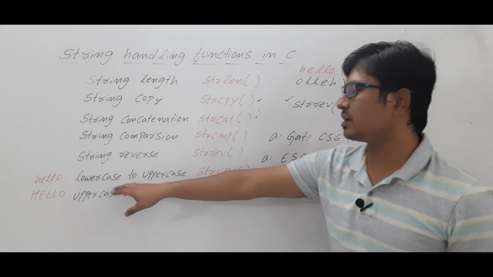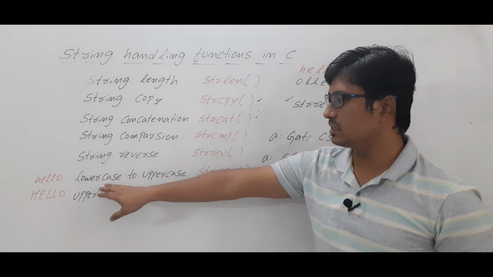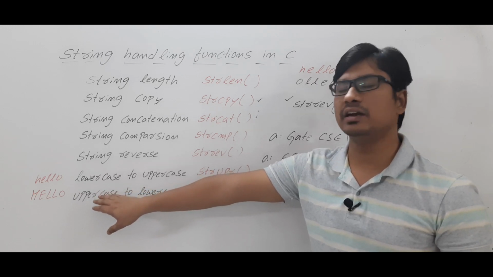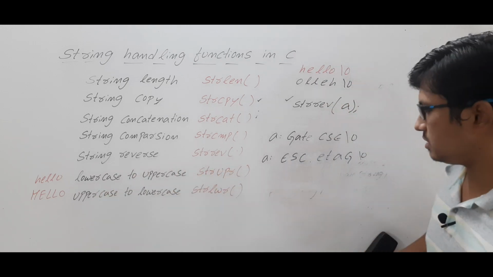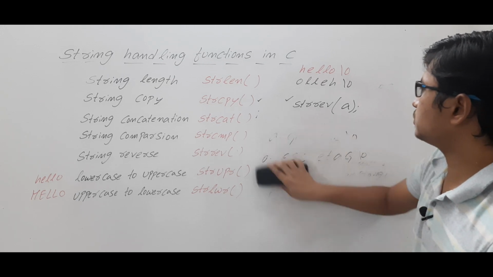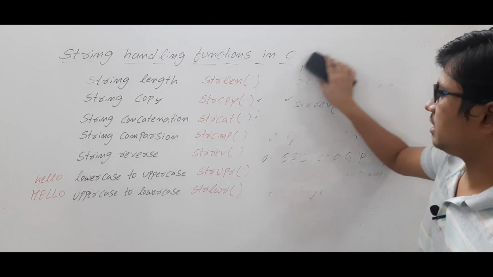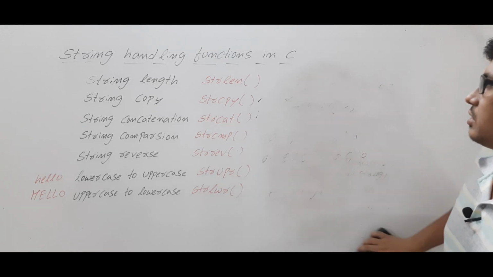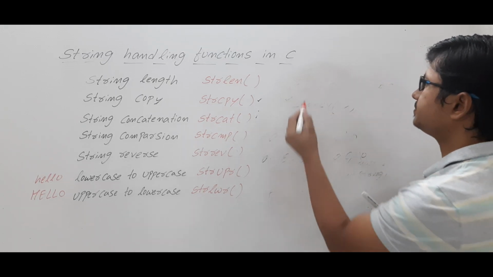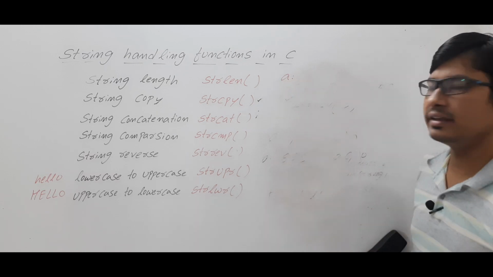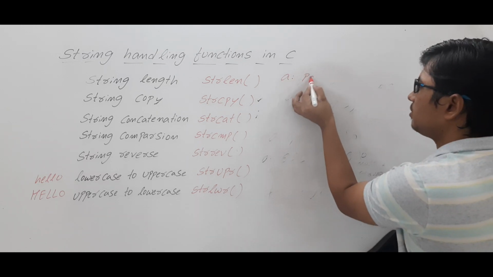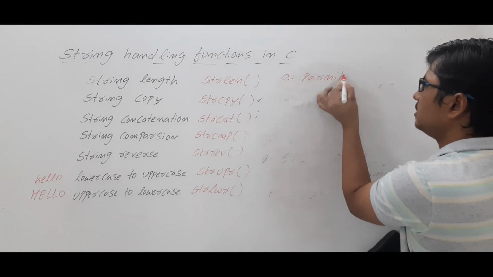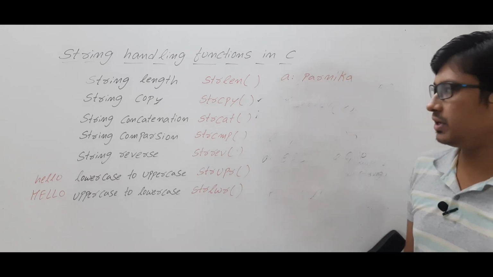Now let me discuss how to convert a string which has all its characters in lowercase to uppercase. Let's take that in some array A, I have a string called Parnika in small letters. I want to make it capital letters.